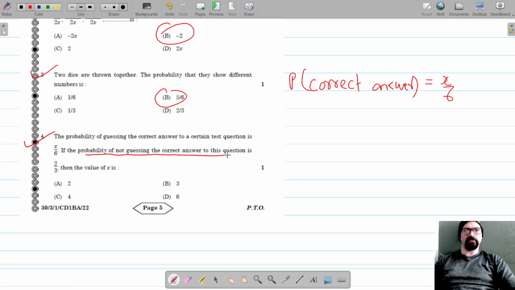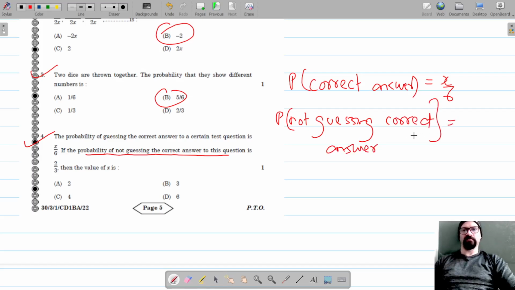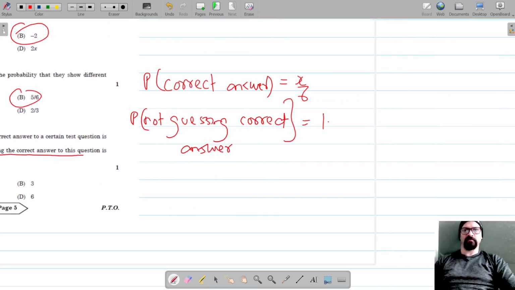And the probability of not guessing the correct answer is equal to 1 minus the probability of guessing the correct answer. And that is 1 minus x by 6.